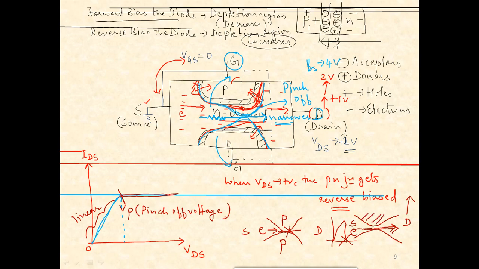But these regions will never touch each other. They appear to be touching. This state is called pinch off, and after pinch off, the current just saturates. So this is called saturation. I hope that I have made the things clear to you.